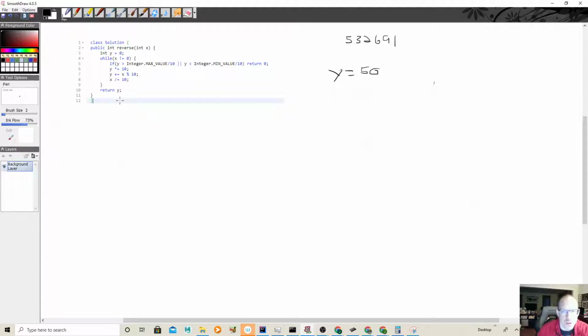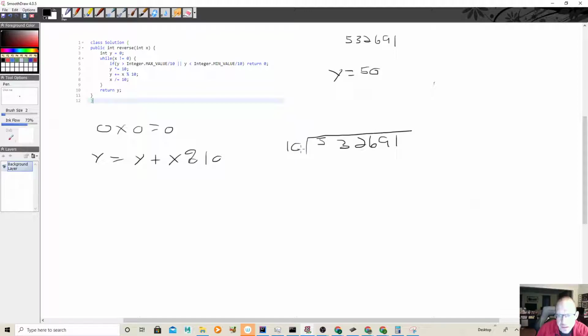Okay, anyway, so what does this do? y times 10. So let's just say y starting off at 0. 0 times 10 is 0. And then y equals y plus x mod 10. Now what does mod do? Well, if I take 5, 3, 2, 6, 9, 1, and I divide it by 10, I'm going to end up with whatever remainder, 1.